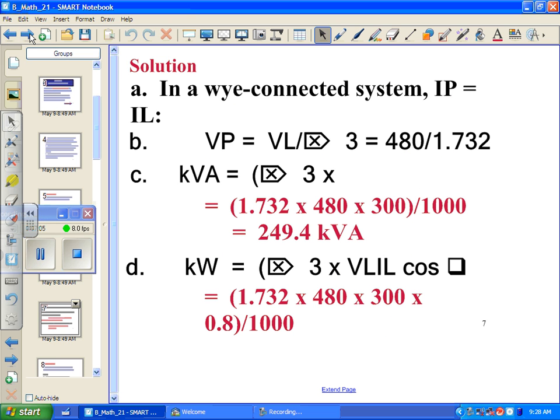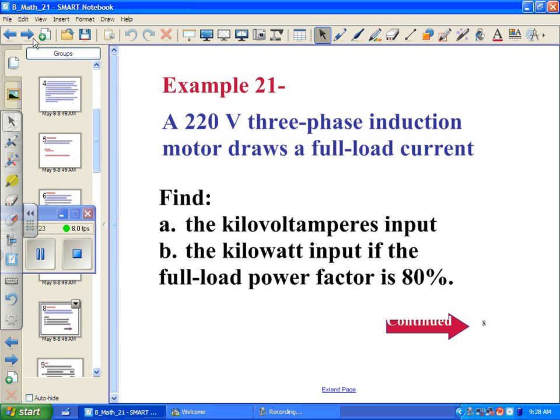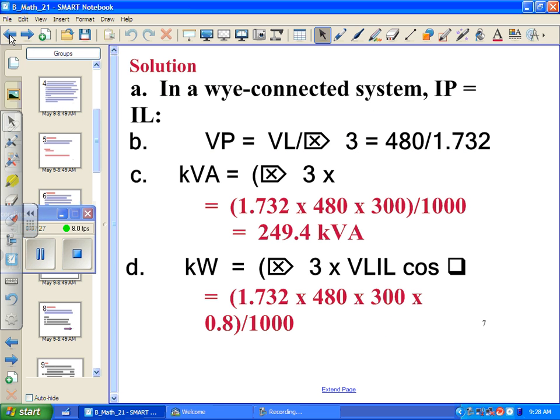So we would take line voltage times square root of 3 times line current and multiply that times the power factor. And in this case, we're given 0.8, and then divide that to get it in kilowatts. And our answer isn't given. Gotta love that.